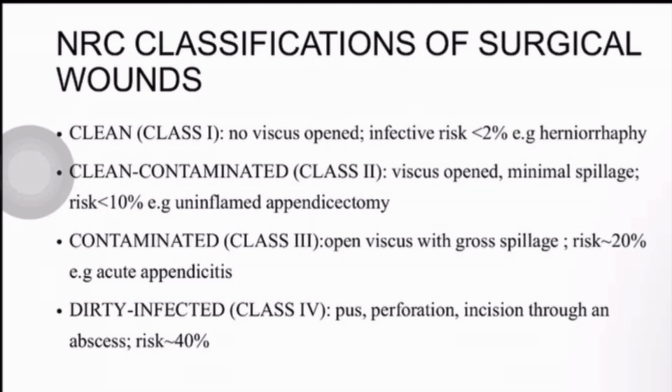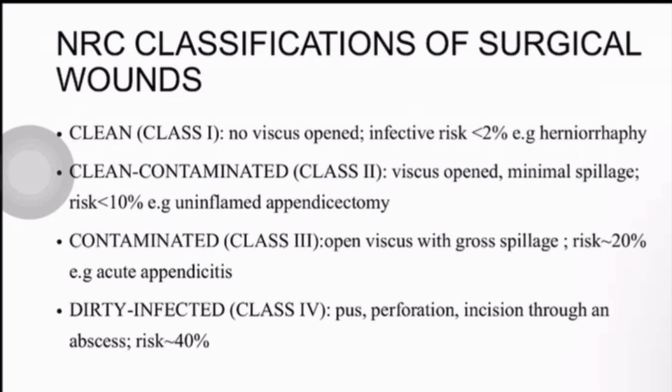This kind of surgery does not necessarily require antibiotics, especially if the patients are healthy and not immunocompromised. So they can pass without antibiotics, except where we use a mesh, like I said earlier. Clean contaminated includes, for example, uninflamed appendicectomy.